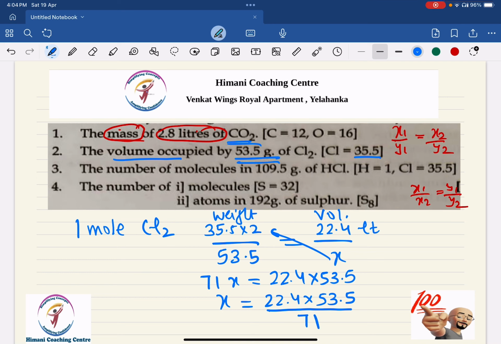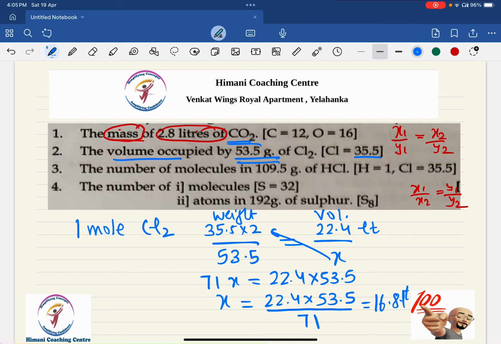We are just using direct proportion and getting the answer. So this will give us the volume of 53.5 grams of Cl2, and if we solve this, the answer would be some 16.8 liters. Now let us move to the next question.